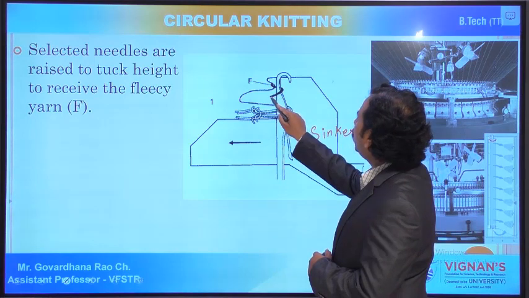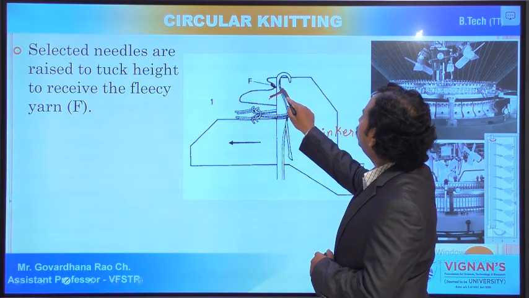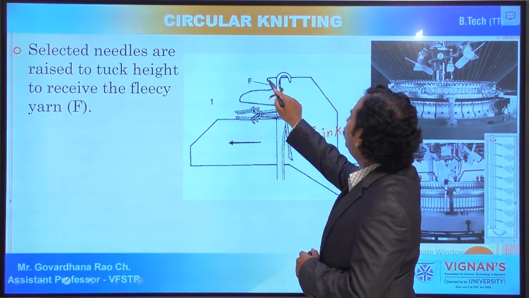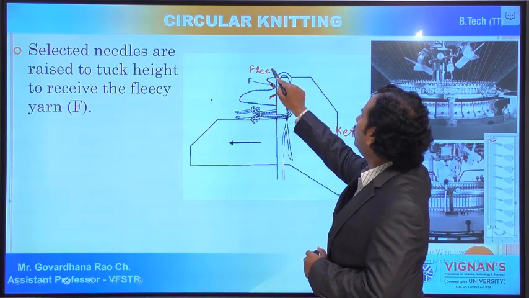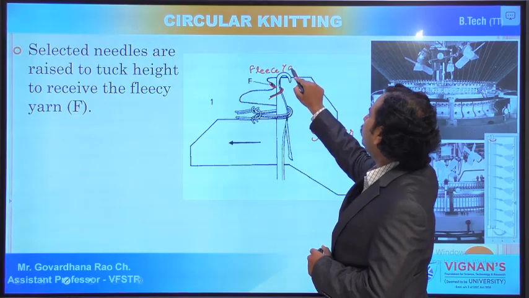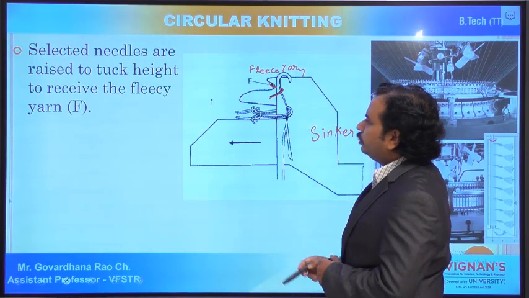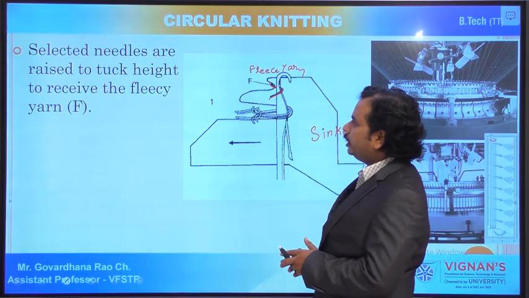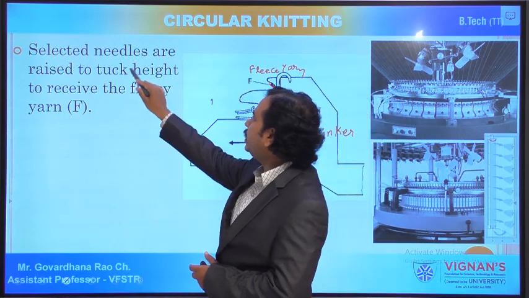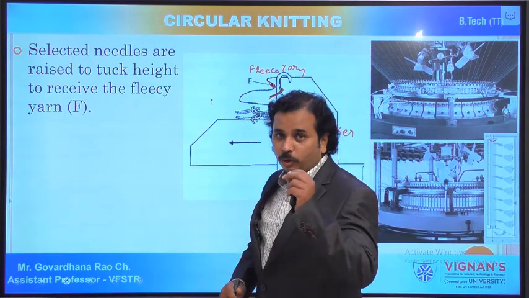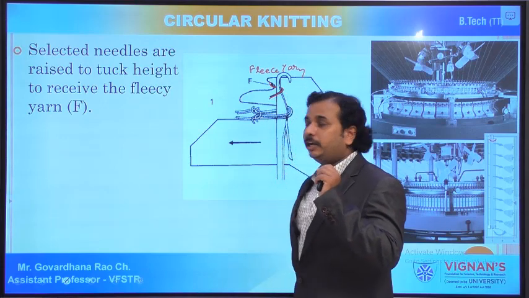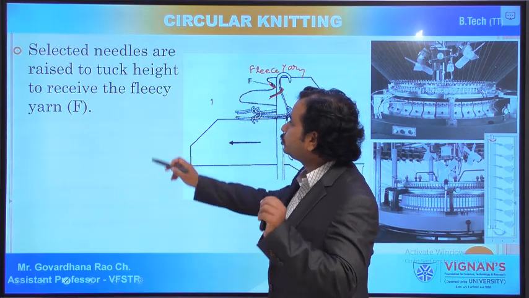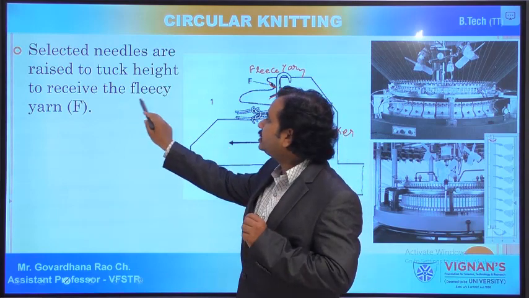This is called the fleece yarn, the fleecy yarn. You can observe here that the selected needles are raised. The selected needles rise to tuck-high to receive the fleecy yarn.